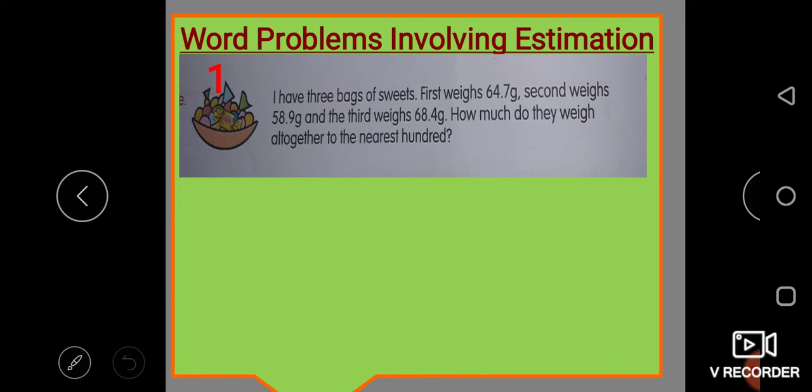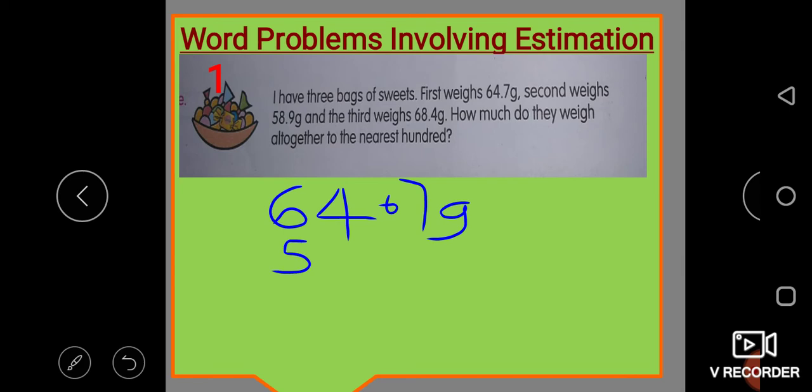Let's look at word problems involving estimation. I have 3 bags of sweets. The first bag weighs 64.7 grams. The second weighs 58.9 grams.